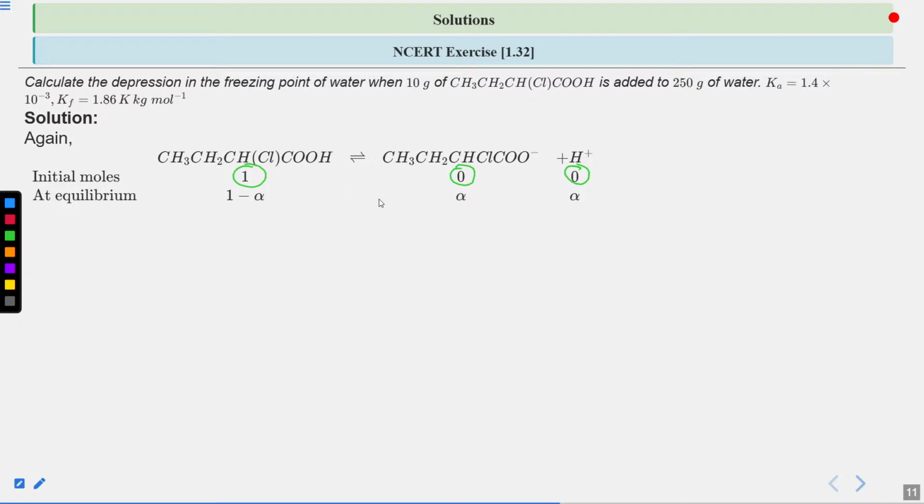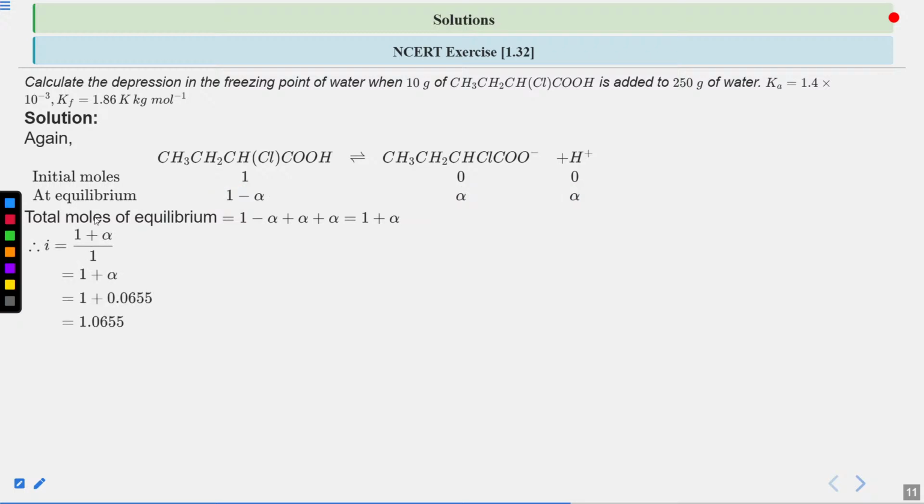Initially it is 1, 0 and 0. After some time it will be 1 minus alpha, this will be alpha and this also will be alpha. What will be the total number of moles? It will be 1 minus alpha, the anion will be alpha and the cation will be alpha. Just add all of this, you will get 1 plus alpha.